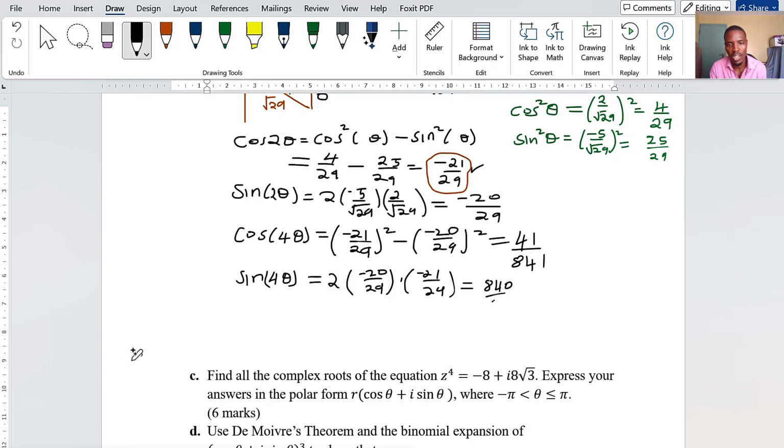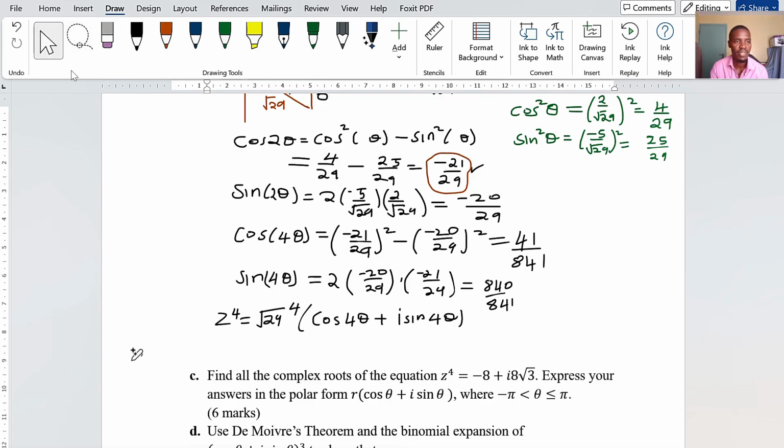Now De Moivre's theorem. We said z to the power 4 equals root 29 to the power 4 times the bracket cos 4 theta plus i sine 4 theta.